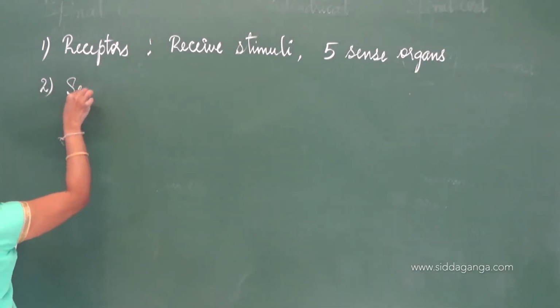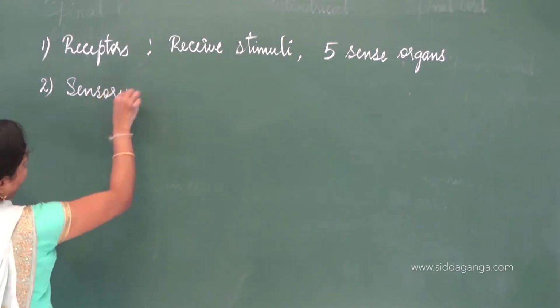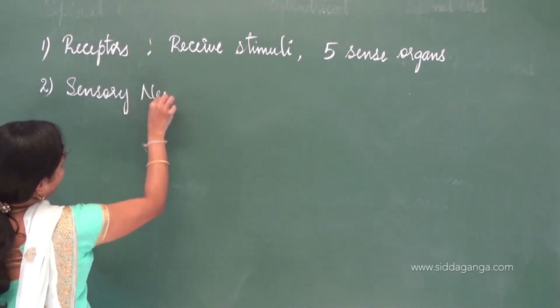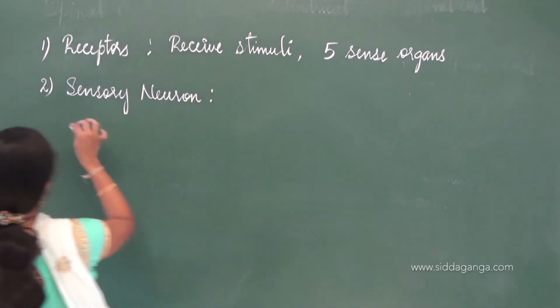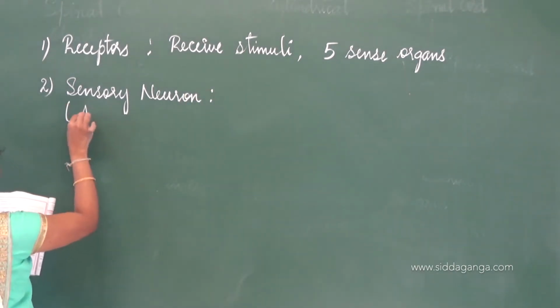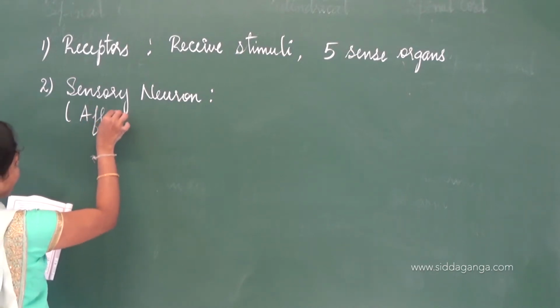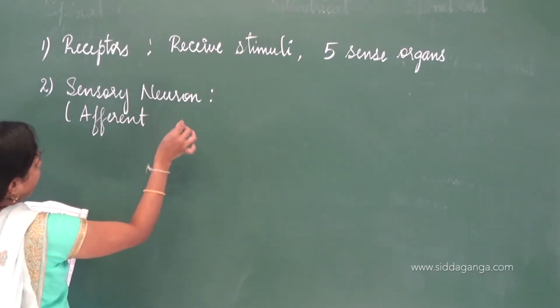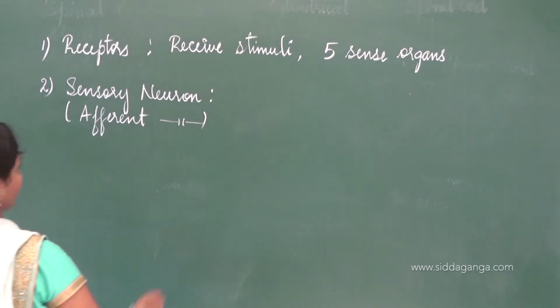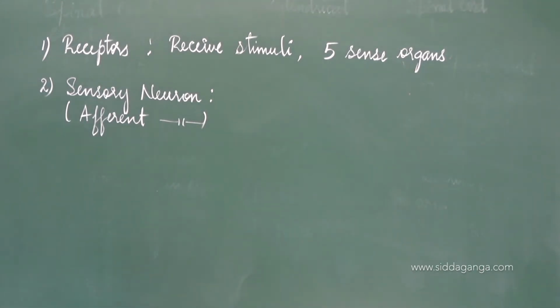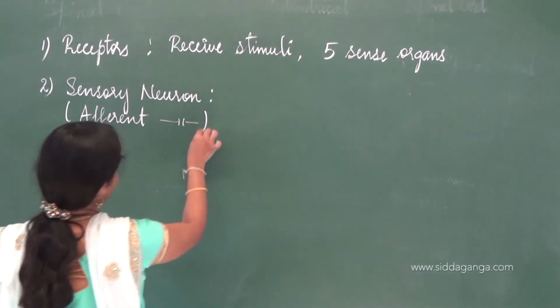Next, sensory neuron. This is also referred to as afferent neuron, A-F-F-E-R-E-N-T. Afferent neuron or input neuron, where input is received.